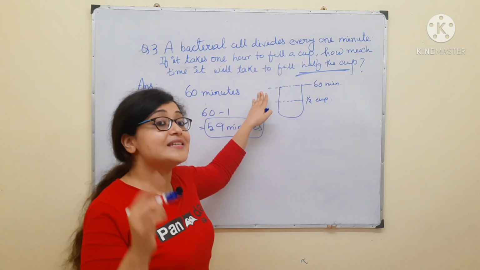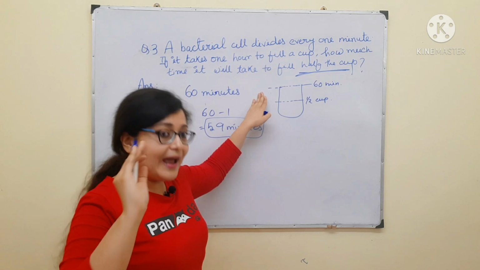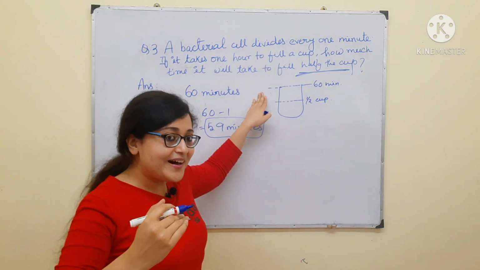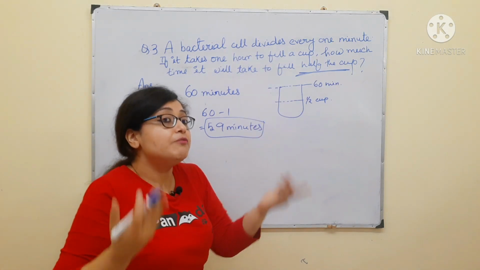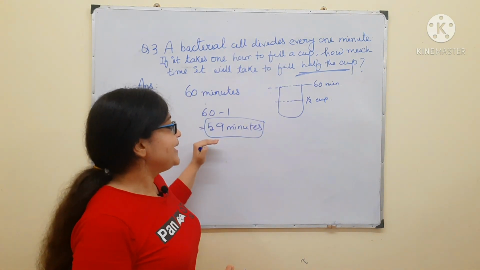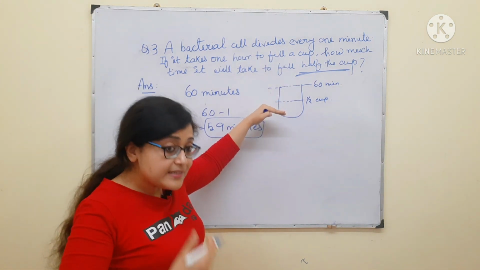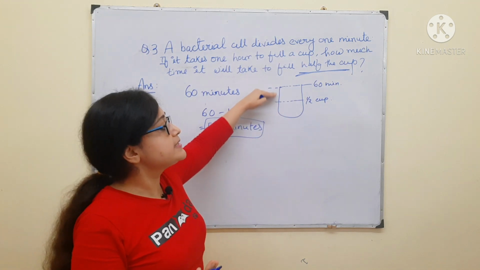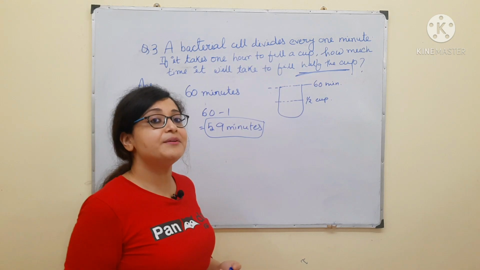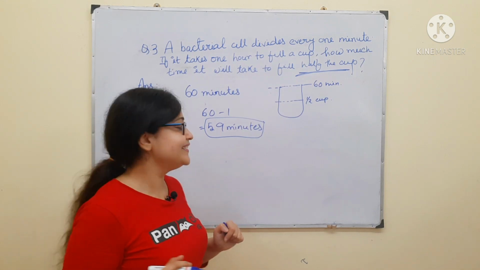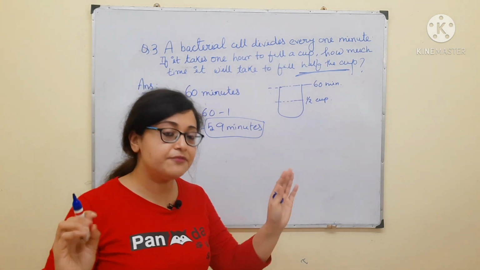Since 60 minutes is required to completely fill the cup by the bacteria, and bacteria divides every 1 minute, that means it doubles itself every single minute. So in 59 minutes it will be half filled, and just in the 60th minute the rest half part will be completely filled up because the cell doubles every minute. Okay, I think this is clear. So yes, this is a very easy trick to solve this kind of questions.